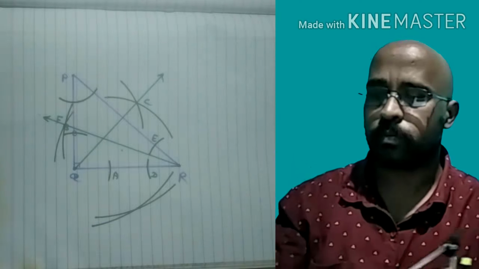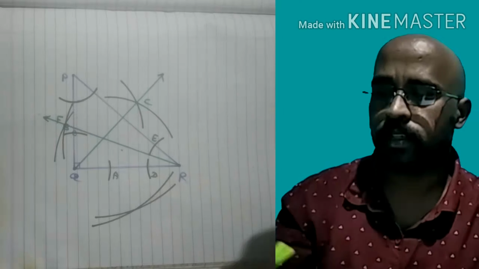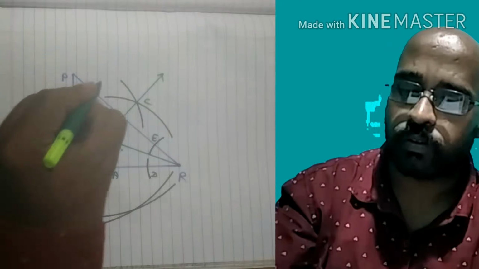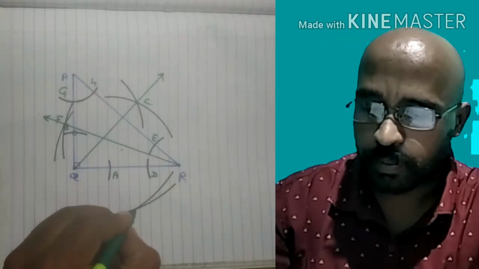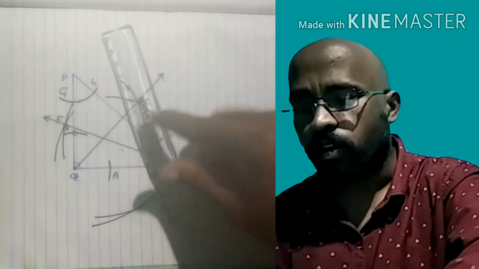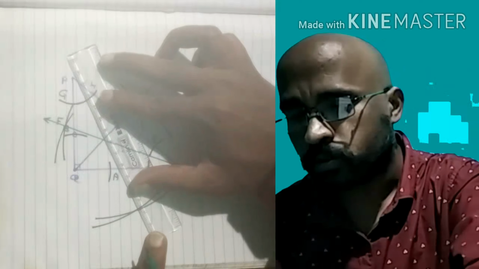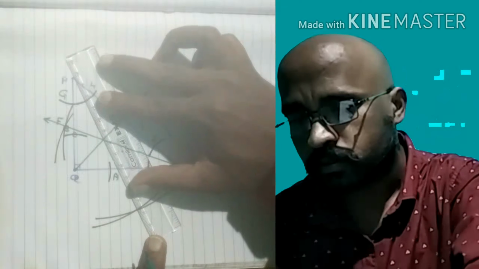Okay students, suppose these two points were points G and H. You can give any names, but ABCD is easy, right? And connect this point. Automatically this line will go through the interior of the triangle.